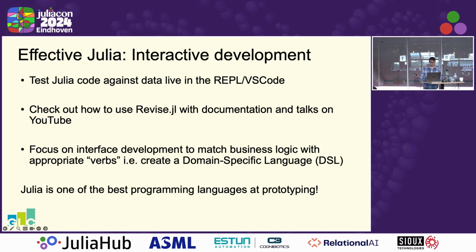And this was already talked about, I believe, by Sam yesterday at JuliaCon, but focusing on interface development is really important. We want to talk about verbs like create or run or something that really describes your data, like calculate variance, or these words that make something click in your brain that say, oh, this is what I'm building, this is similar to the customer requirement, this is similar to what the user is actually doing.